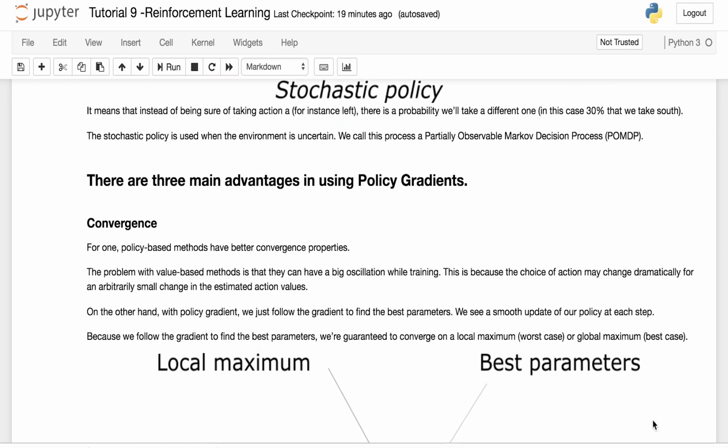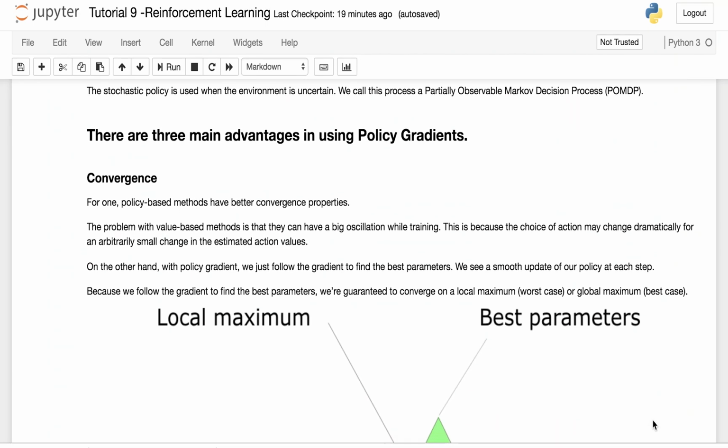There are three main advantages of using policy gradients. First of all, it's convergence. Why convergence? Why do you think this algorithm converges faster than value-based methods, than deep Q learning?